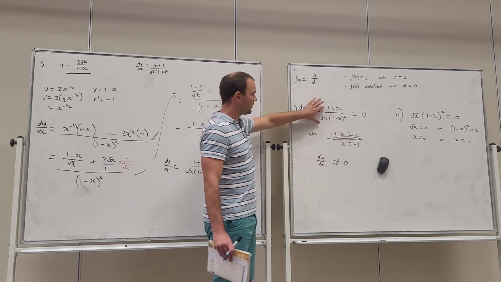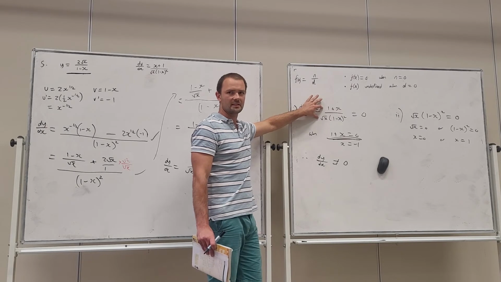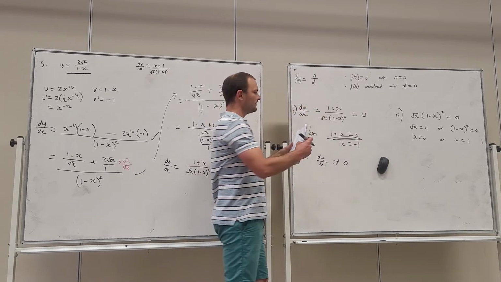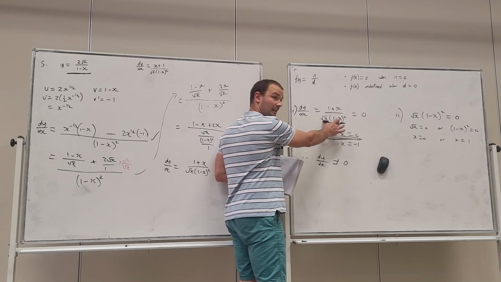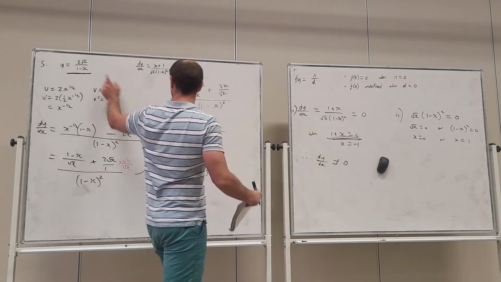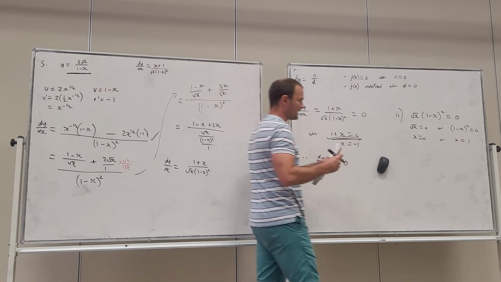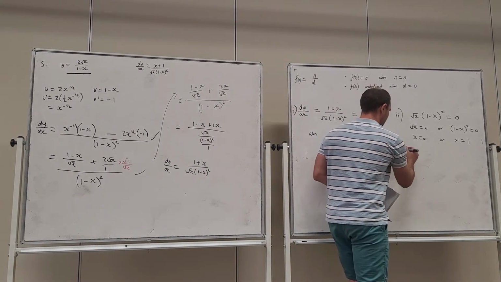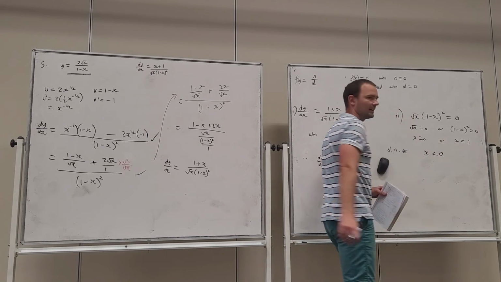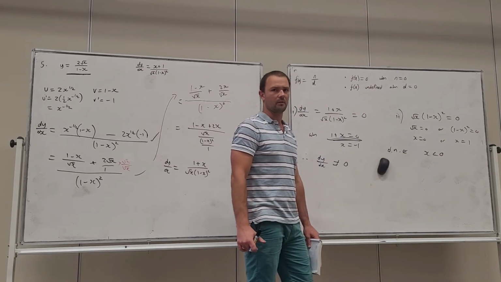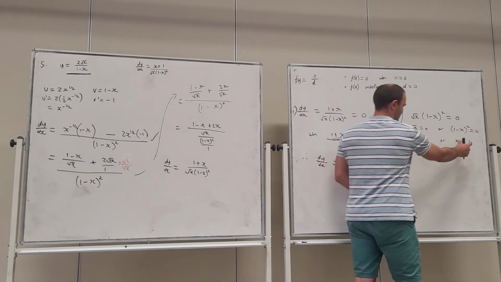When else is it undefined? If we're looking at that, when else does it not exist? It can't exist for negative values because there's a square root here. Because of this square root in the slope function and in the original function, it does not exist for values that are negative, for values less than 0. So we've got these three statements.